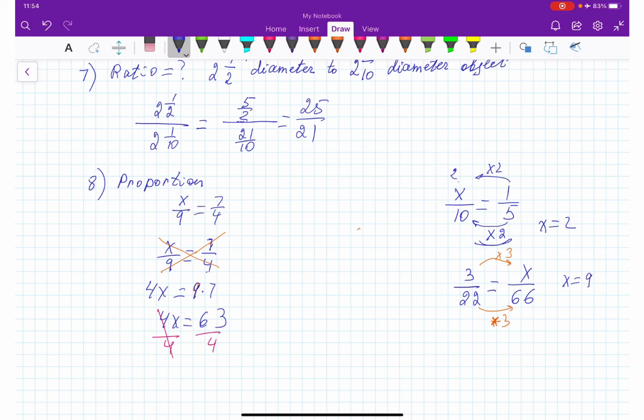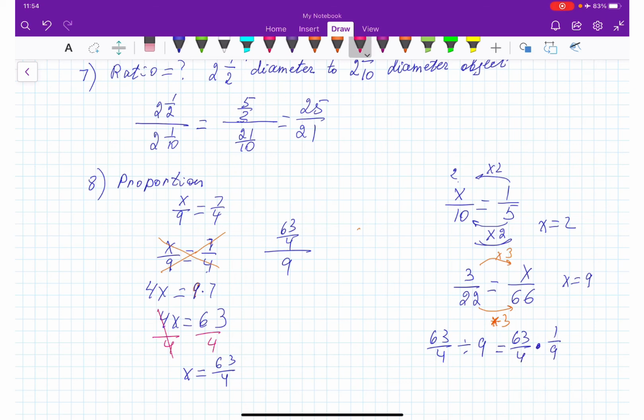Since we have x is equal to 63 over 4, now I'm going to plug 63 over 4 into 9. Okay, so we need to divide, right? 63 over 4, we divide by 9. It's going to be 63 over 4 times 1 over 9.